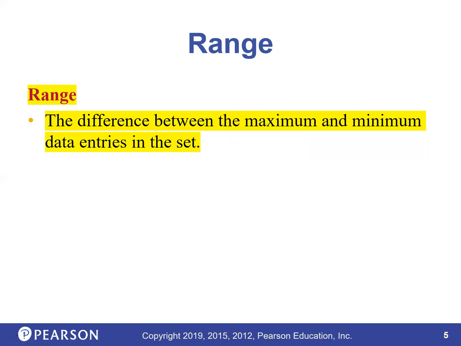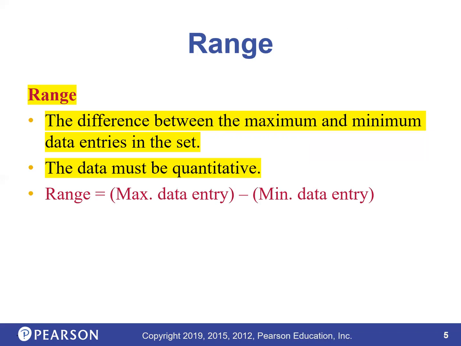The easiest one is the range. That's good enough. It tells you the highest entry point and the lowest entry point, and done. Since we're looking at numbers, we'll put it in terms of numbers: the range is the maximum data entry minus the minimum data entry, and done.